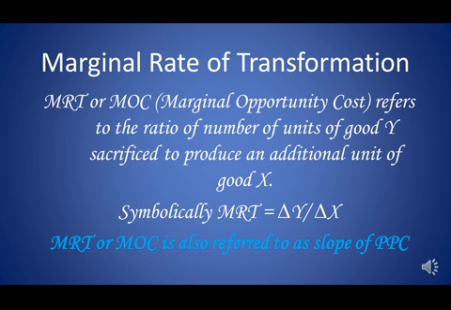If we want to define them, MRT or MOC refers to the ratio of number of units of good Y sacrificed to produce an additional unit of good X. If we want to represent it symbolically, then MRT is equal to change in Y divided by change in X. That means how much quantity of Y we have sacrificed in order to gain 1 unit of X. MRT or MOC is also referred to as slope of PPC, and let me remind you one thing, MRT and MOC are one and the same thing.